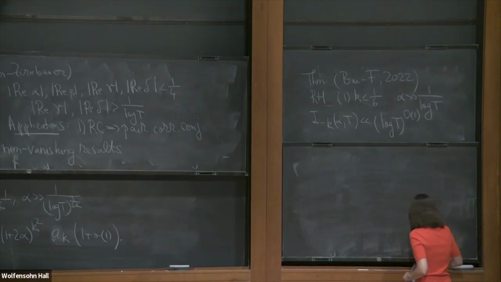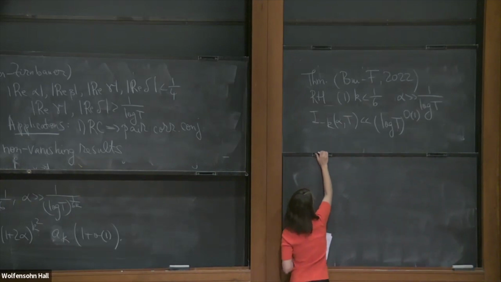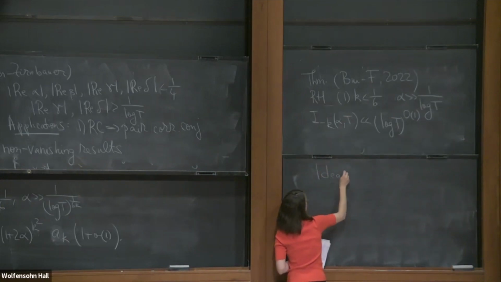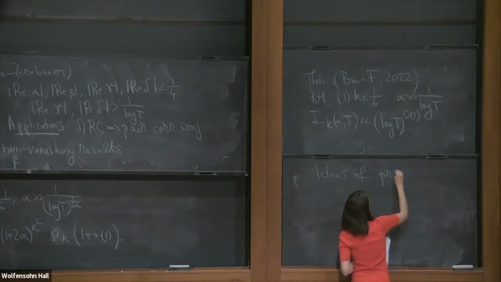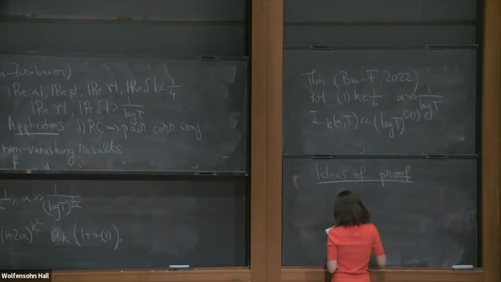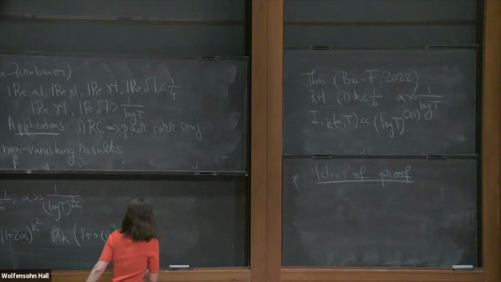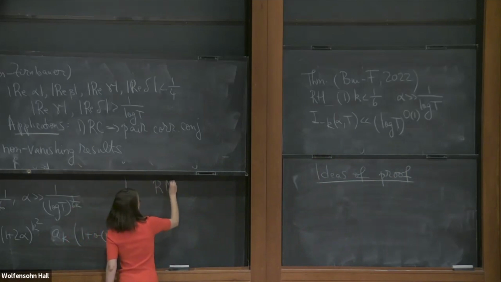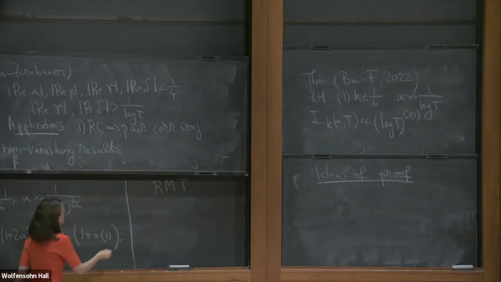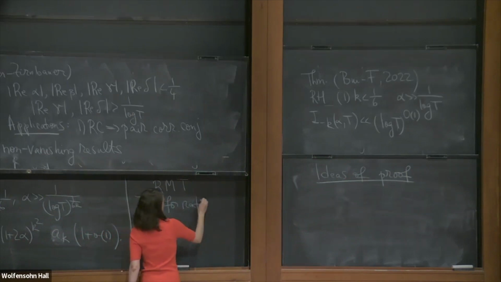So what are some of the ideas in the proof? I will spend the remaining time talking about that. Actually, before talking about the ideas of proof, let me just mention that in random matrix theory, there are theorems for ratios of characteristic polynomials.